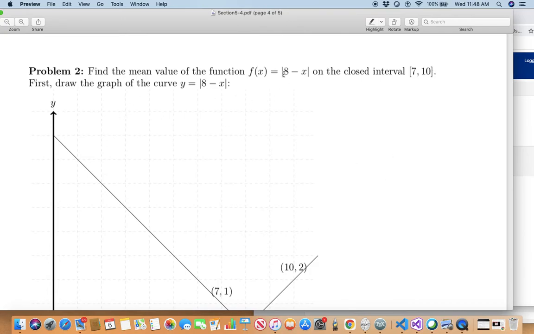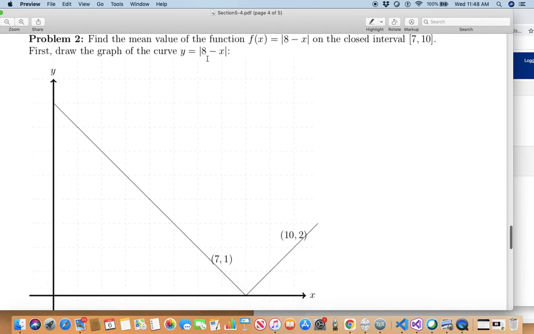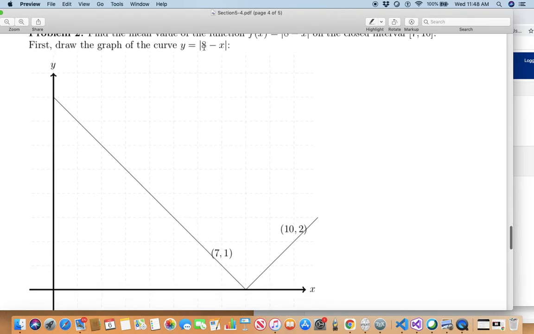Now you see this is an absolute value. It's an integral. You really need to know the graph of that curve, absolute value of 8 minus x. If you did not have the absolute value, then this is simply 8 minus x, a linear function, which is simply a straight line joining (0, 8) and (8, 0).